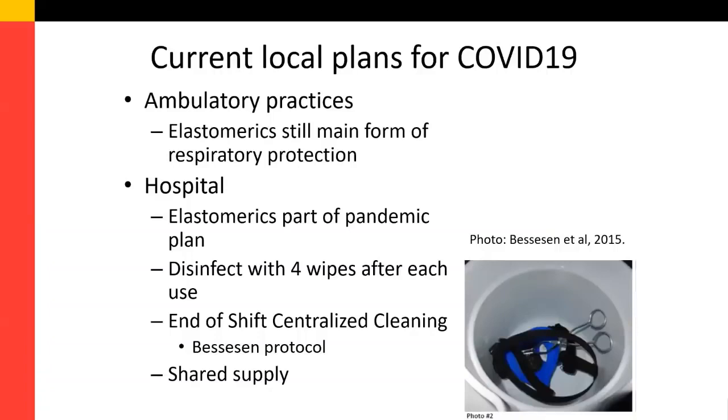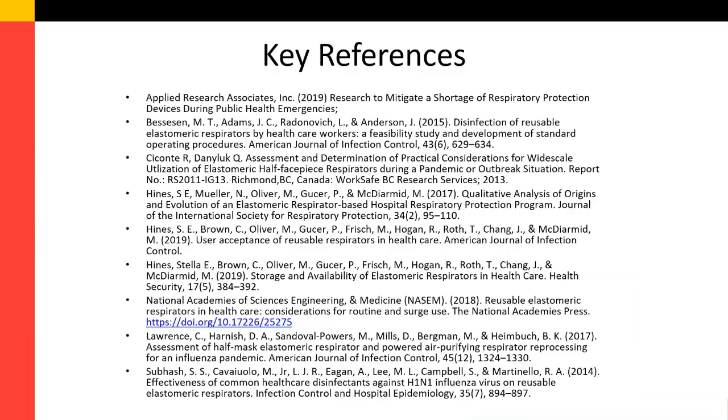We are disinfecting these respirators with that 4-wipe protocol after each use, and we are using end-of-shift centralized cleaning according to the Bessesen protocol and using a shared supply of respirators. I have included some key references here that are available in the public domain or on PubMed.